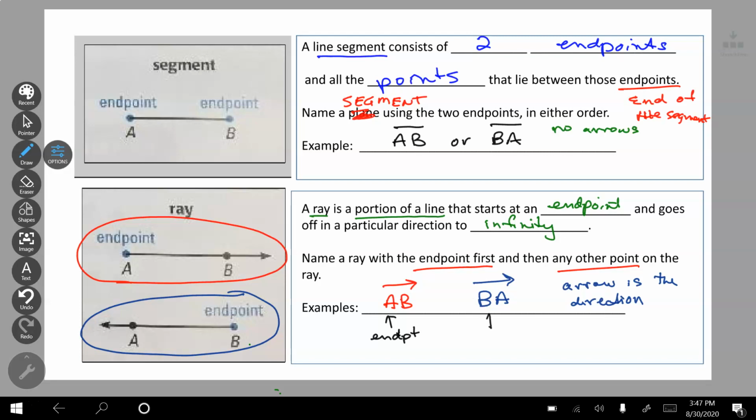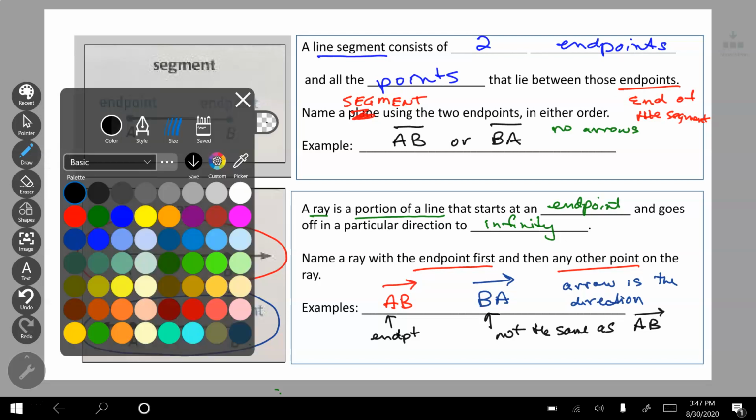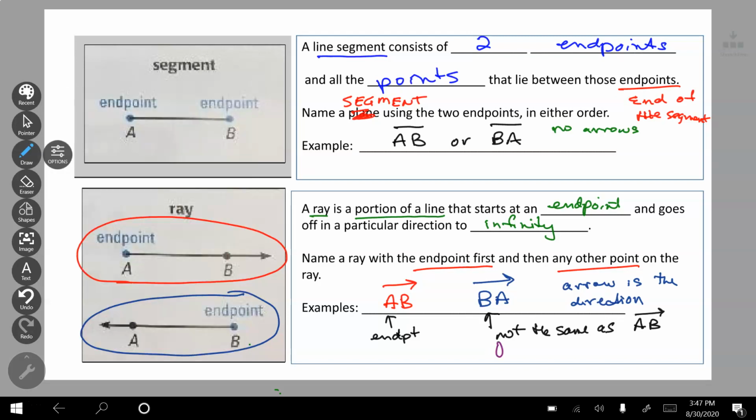And this is not the same as ray AB. I'm going to write this in purple. Order matters. In fact, these 2 things are going in the opposite direction.